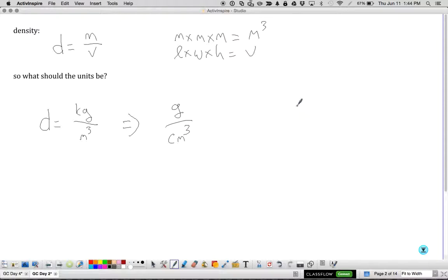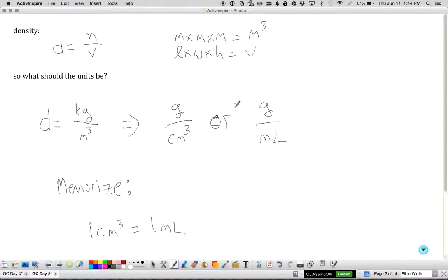Now, this is something that you have to memorize: 1 centimeter cubed equals 1 milliliter. So if 1 centimeter cubed equals 1 milliliter, I can also say the units would also be grams per milliliter.